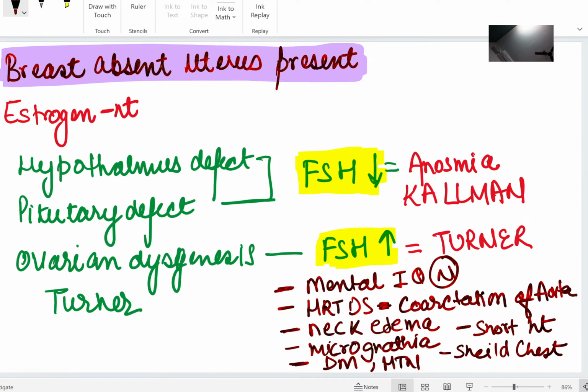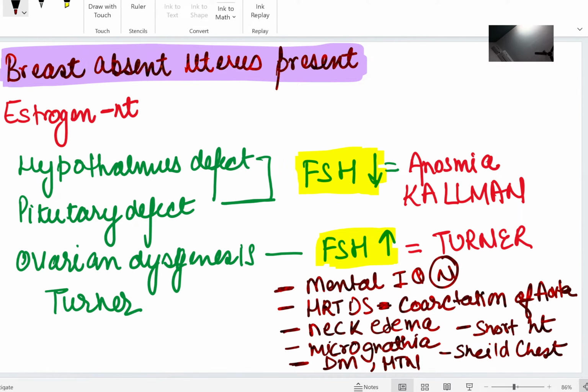So either it becomes the case of hypothalamic pituitary disorder or ovarian failure. If it is hypothalamic pituitary failure, then FSH will decrease. And if it is ovarian dysgenesis, then the FSH will increase.